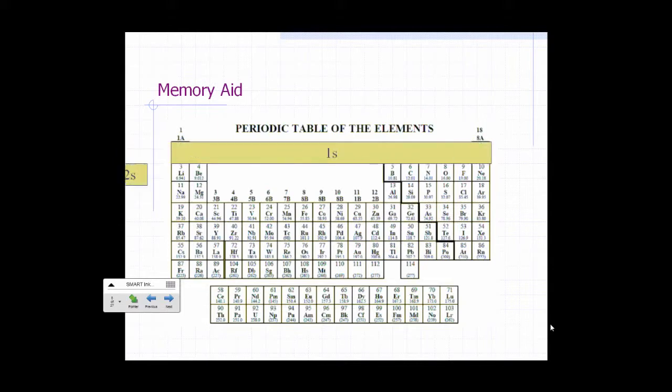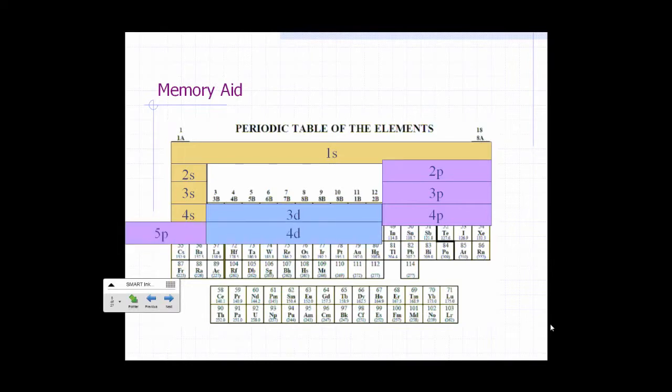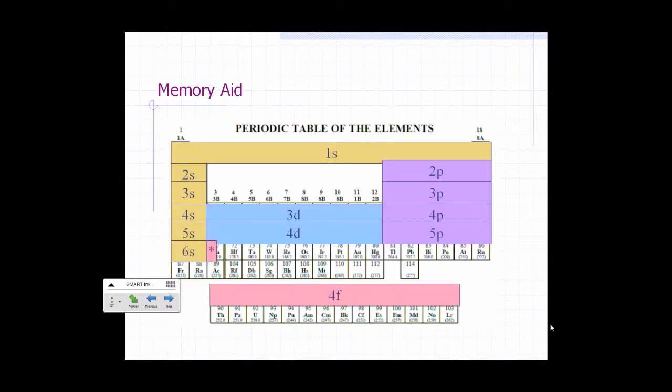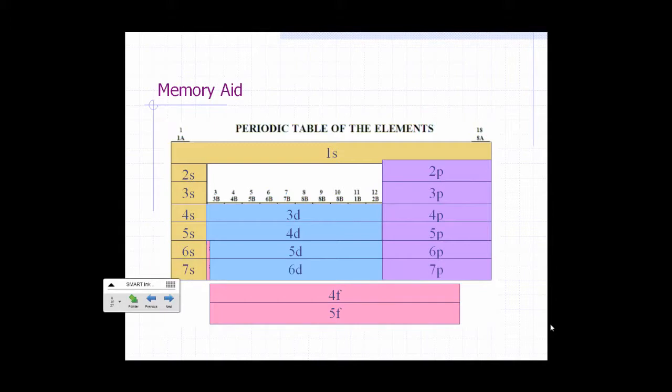You start with 1s, and then 2s, then 2p, 3s, 3p, 4s, 3d, 4p, 5s, 4d, 5p, 6s, and then 7f, and then 5d, and then 6p, 7s, and then it will be 5f, then followed by 6d, and then 7p. Okay?